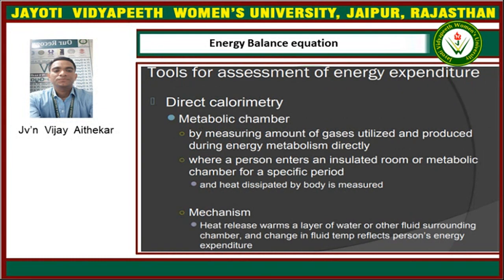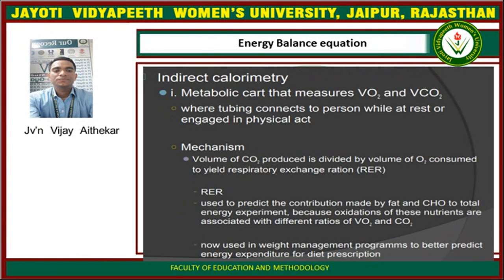The person enters an insulated room, the metabolic chamber. Mechanism: heat is released to the layer of water or the fluid surrounding the chamber. The change in the fluid temperature reflects the person's energy expenditure.